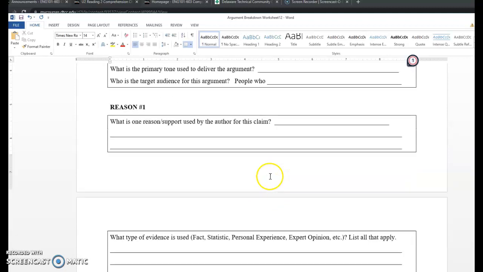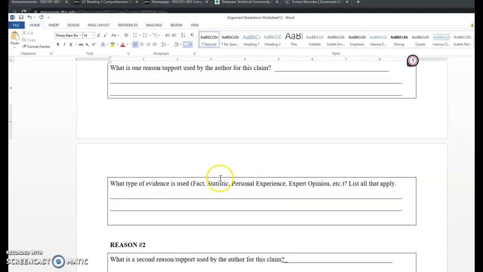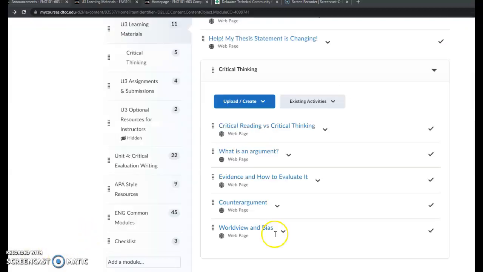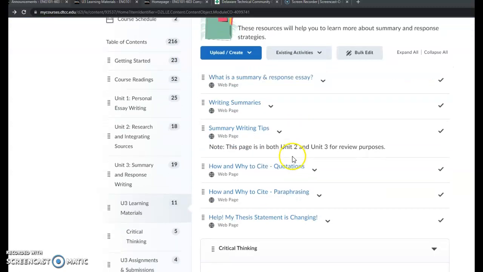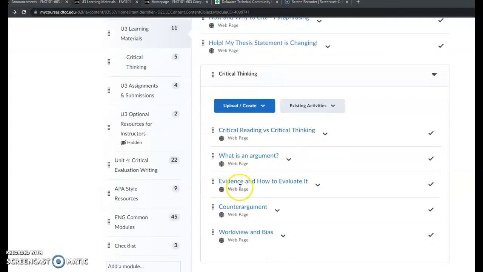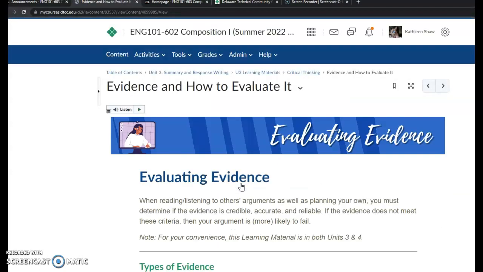Work on your paraphrasing, because then the next question is, what type of evidence is used? Is it a fact? Is it a statistic? Is it personal experience? Is it expert opinion? What am I looking at? And to understand a little bit more about the different types of evidence, I'm going to link this article that is listed in the Unit 3 learning materials in the section on critical thinking. It's called Evidence and How to Evaluate It.